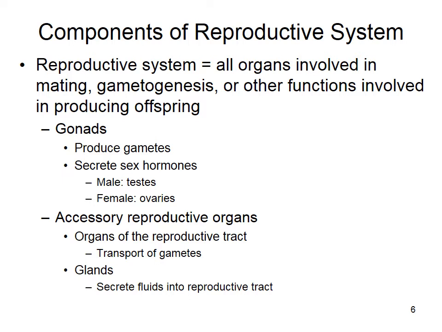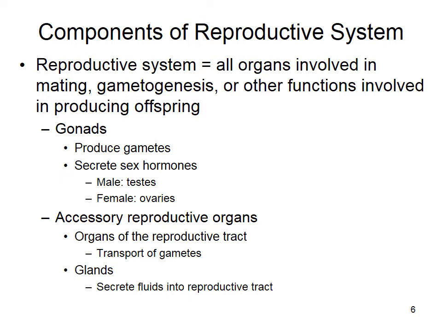Okay, so the males have testes as their gonads, and what sex hormone do testes produce? Testosterone. Okay, females have ovaries as their gonads, and what sex hormones do ovaries produce? Estrogen and progesterone, right?